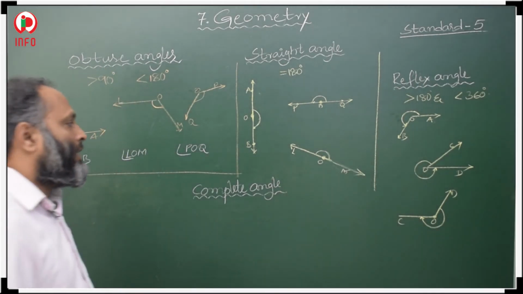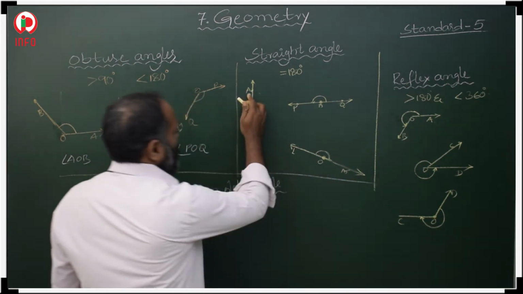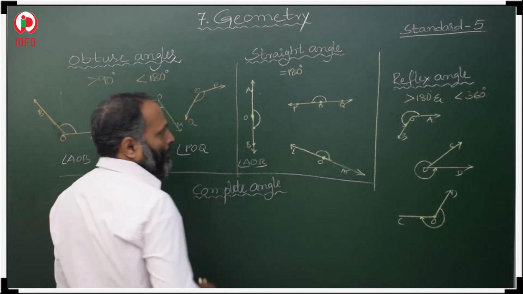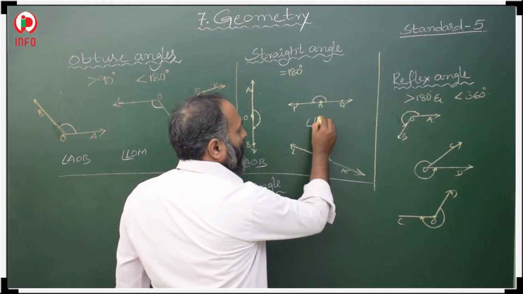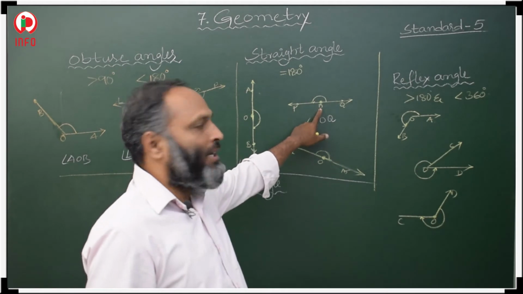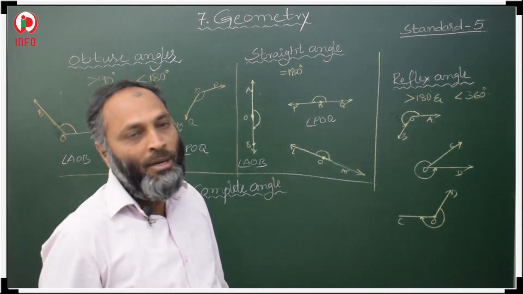So first, this angle is angle AOB, and this angle is angle POQ. The intersection point O shows our angle, so we have to take it in the middle.